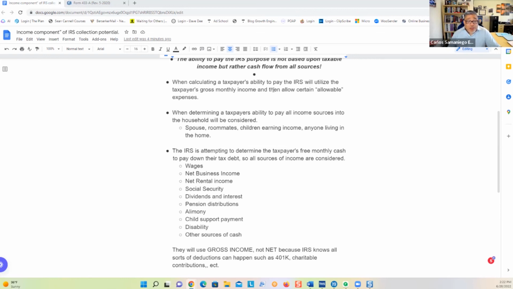Let's say he's taking care of his mom, and his mom has Social Security income equivalent to 20% of the income coming into the house. Well, they're going to subtract 20% of the expenses because they would have to share the expenses in the house. They're just not going to allow you the full deduction on rent, on utilities, on food, things like that.